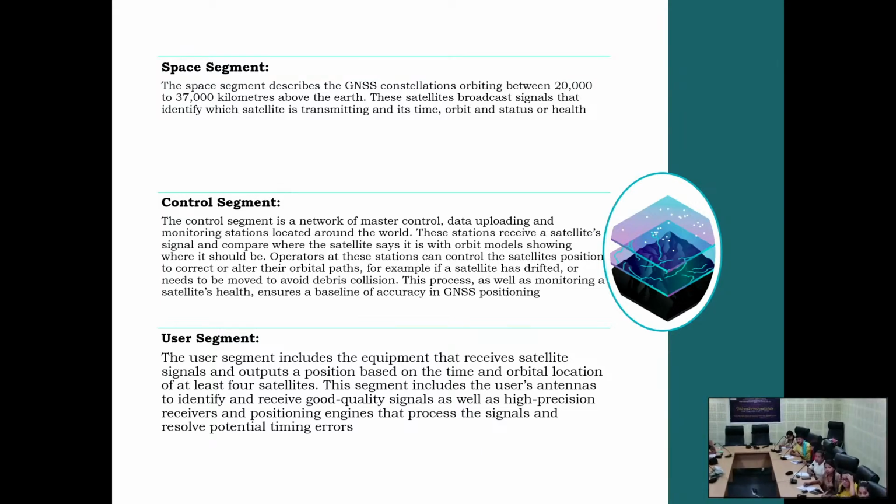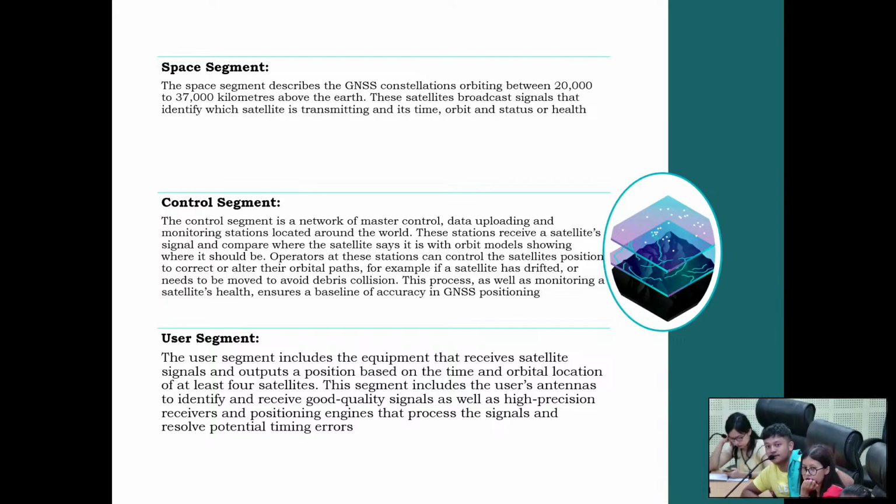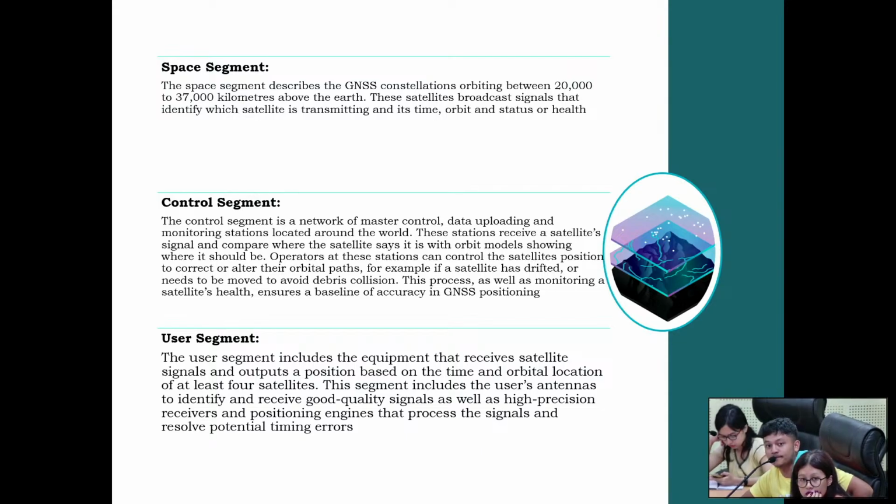The space segment describes the GNSS constellation orbiting between 20,000 to 37,000 kilometers above the Earth. These satellites broadcast signals that identify which satellite is transmitting and its time, orbit, or status or health. Basically, it is talking about satellite health.